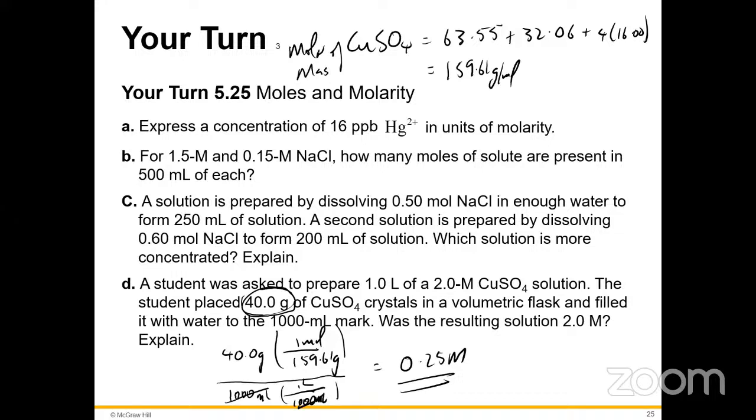Or no, not 160, 320. Exactly. 320 divided by 159, 0.25 divided by 2, same thing. 4 times 8 is 32. Exactly. Okay, so that's basically how that is done.